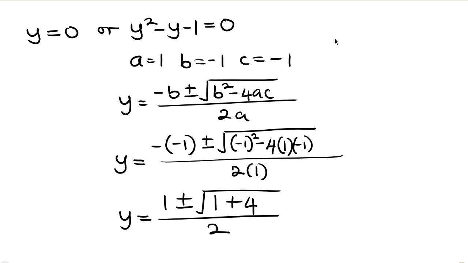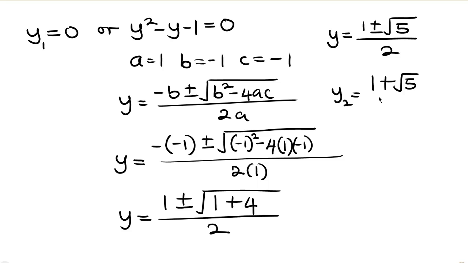And now we simplify further by saying that y is equal to 1 plus or minus the square root of 1 plus 4, that is 5 all over 2. And now separating the values for y, remember we've got 0 before, so that's going to be y1. So this will be y2 equal to, now let's go with the positive first, 1 plus the square root of 5 all over 2. This is actually the golden ratio. Now the third value for y is 1, now go with the negative, minus the square root of 5 all over 2.